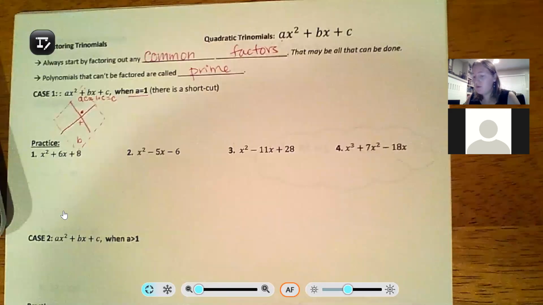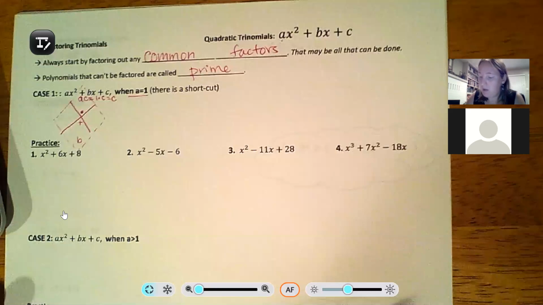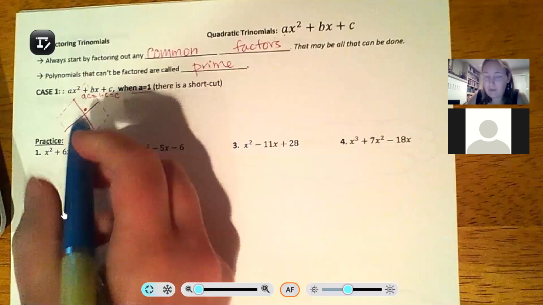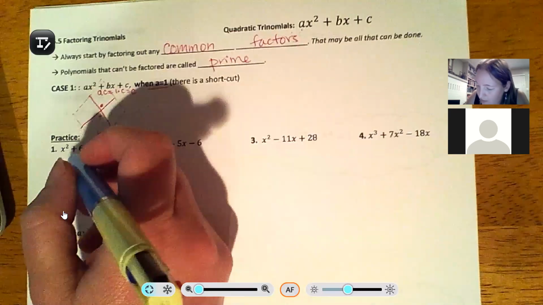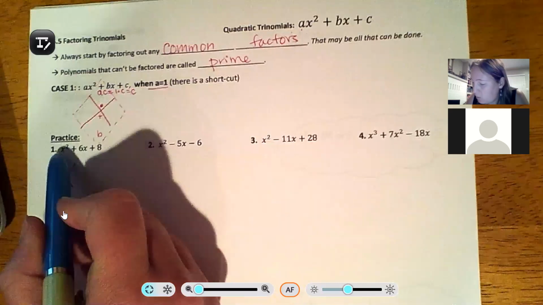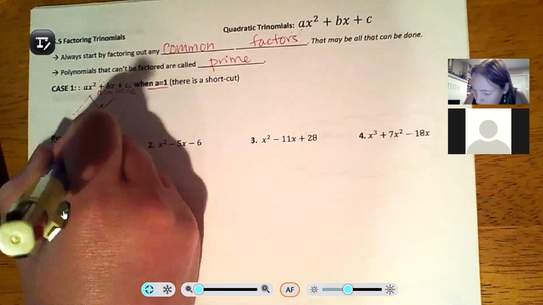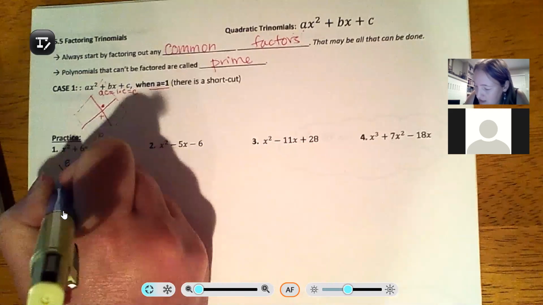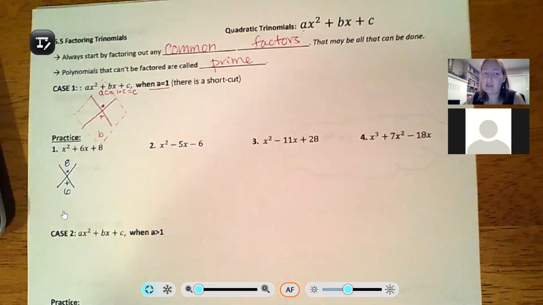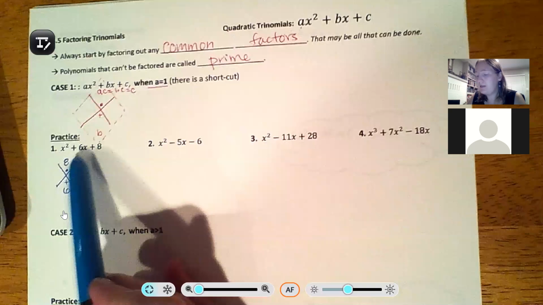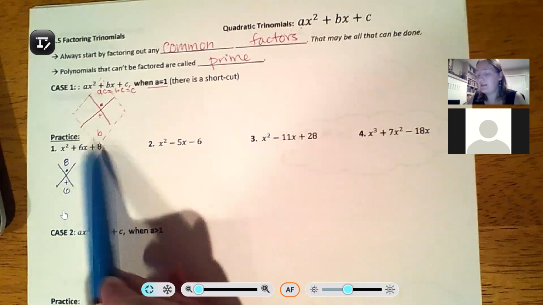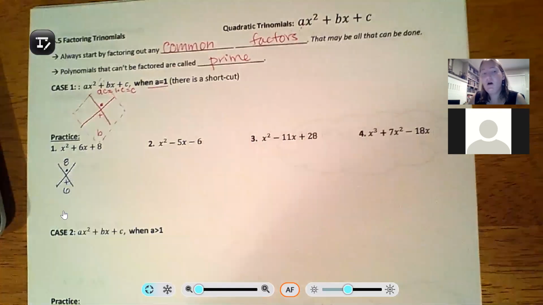So if I'm trying to factor this problem, I'll do it with an example and I'll finish that up. So I would be saying what multiplies to 1 times 8, or 8, and what adds to 6. Your textbook talks about what multiplies to the A times C and adds to the B, and they make a table.